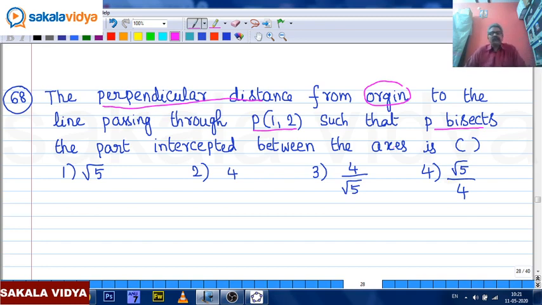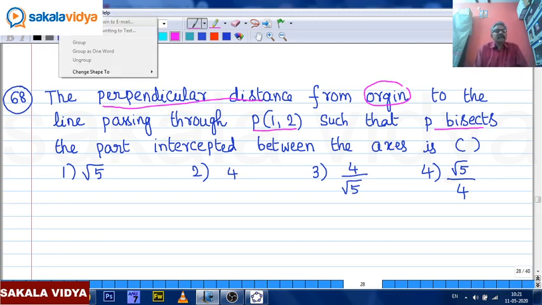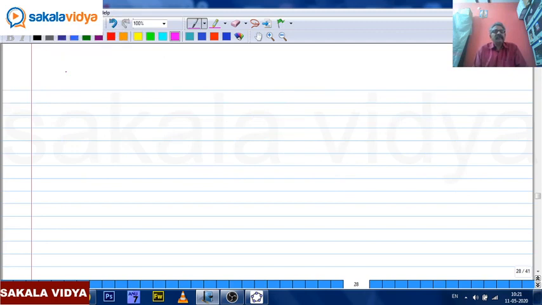So we need to find out. Let me explain clearly. So these are the coordinate axes. This is the origin.